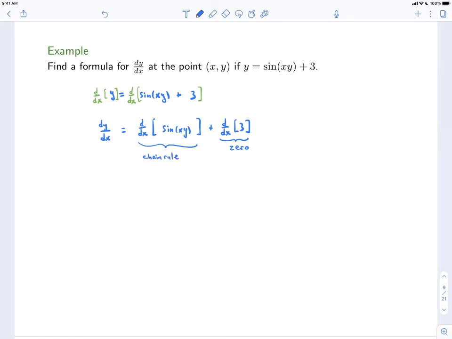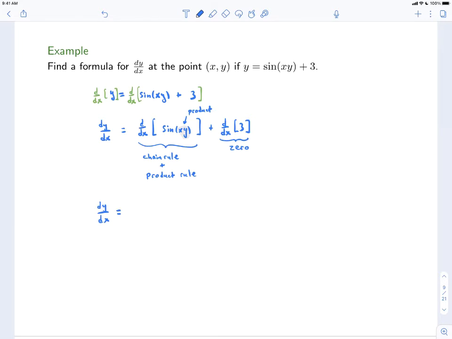But notice that inside of our sine, we have an x times y, which is a product. So we have a little product there. So that means we're going to have to use the chain rule and also the product rule. So let's just go ahead and do that. So we have the derivative of y with respect to x is equal to the derivative of sine.